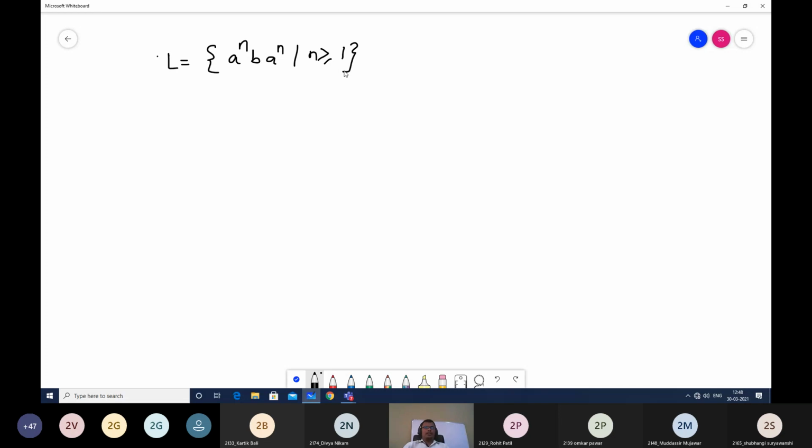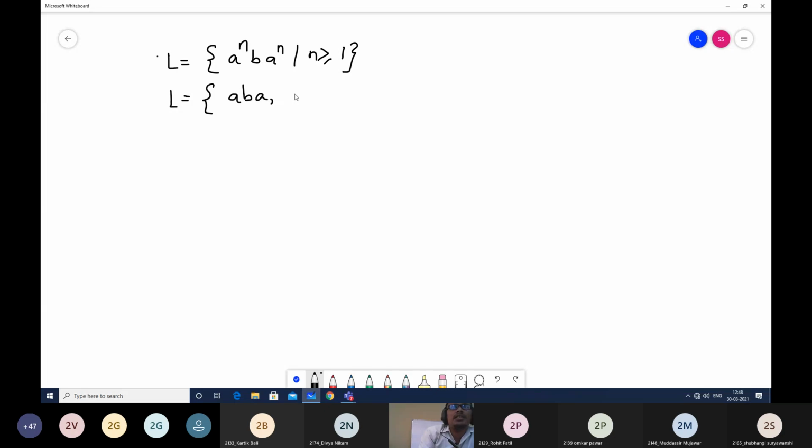What will be my first string in this language? Can anyone tell me? ABA. Very good. When the value of n is 1, the string will be ABA.